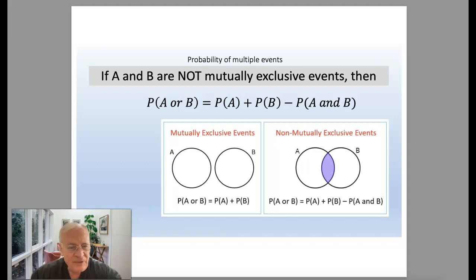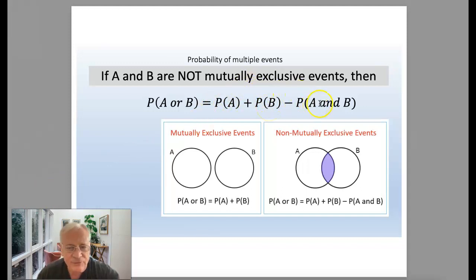Now, this is where it gets a little complicated. If A and B are not mutually exclusive events, in other words, they could happen at the same time, then the probability that either one of them happens, A or B, is the probability that A happens plus the probability that B happens.